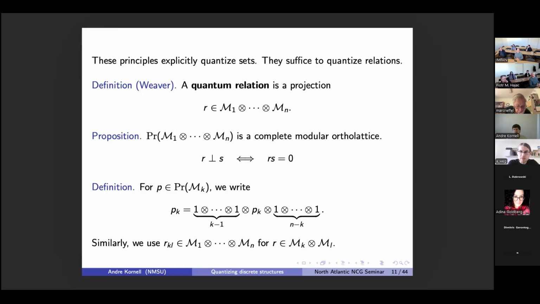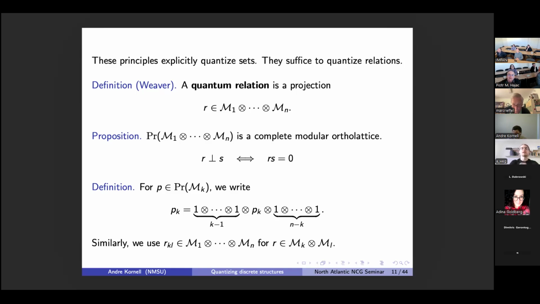The idea is that R lives in a tensor product of two of the factors, and R_KL lives in a much larger tensor product, and the K and L tell us how it lives in that tensor product. I understand, but if R is a combination of two simple tensors? Nothing changes. It's okay. It's basically R tensored with a bunch of identities, and then you permute the factors to get R in exactly the place that it needs to be.